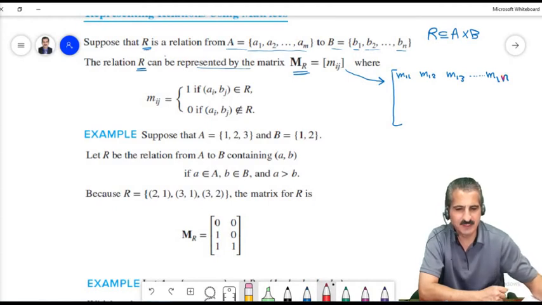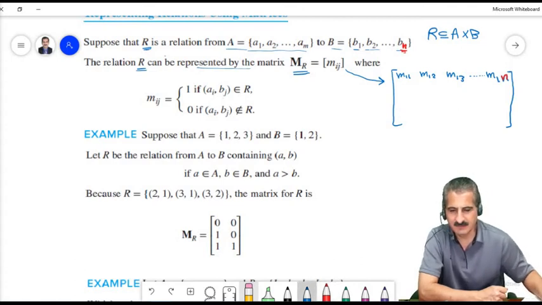I have the first row of this matrix consisting of n elements. And n is the number of elements in the set B. It is the index of the set B.